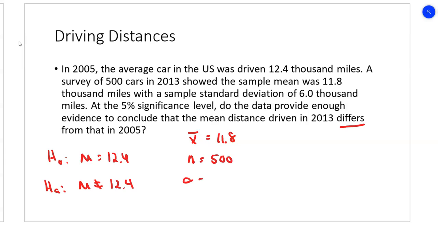I know that the significance level is 5%. And the sample standard deviation is 6. From the alternative hypothesis, I also know that it's a two-tailed test. So whatever I get for P, I'm going to have to double it so that I can figure out how to compare it to that 5% significance level.